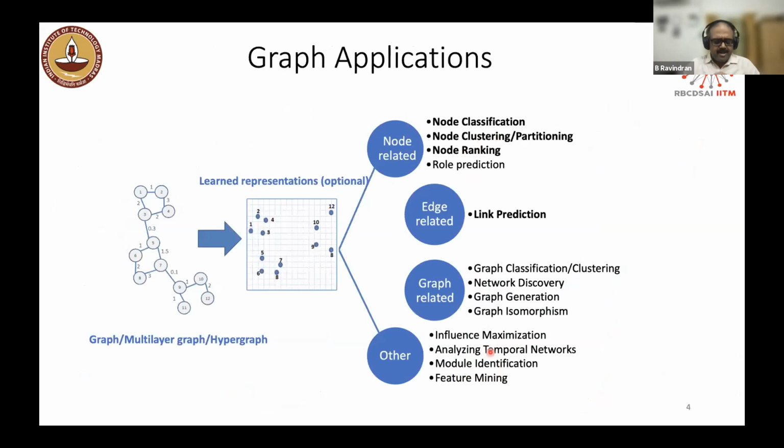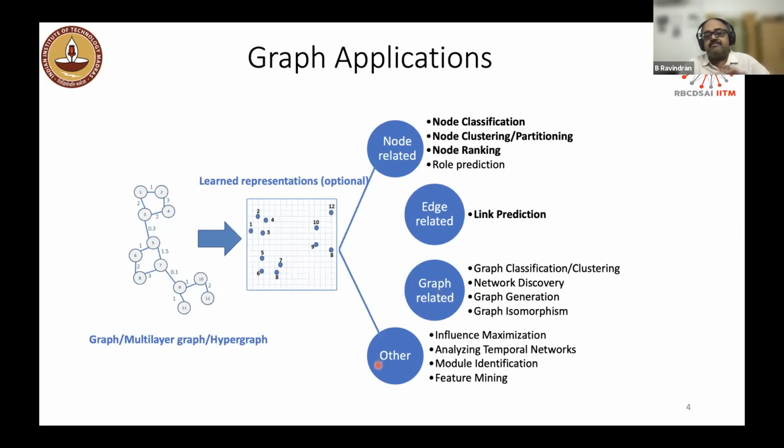So there are many different kinds of applications. Well, when I'm talking about applications, I'm still in an abstract space. I've not gone down to a specific domain yet, but there are many applications that you could define on graphs. So on this slide, I only show the different applications that my group has tackled. And they range from the node level, so at the entity level, you have certain kinds of inferences that you have to make, or it could be at the edge level, or it could be doing some kind of reasoning about the whole graph.